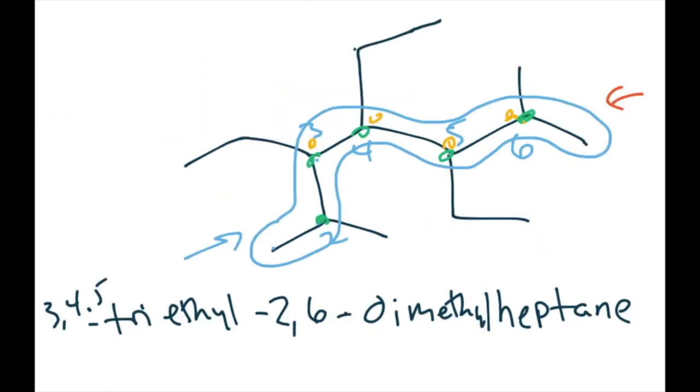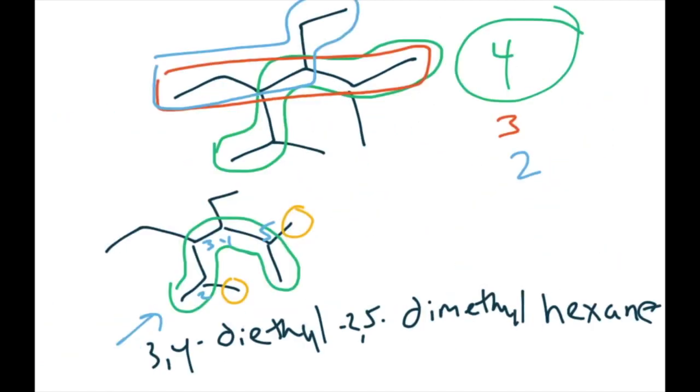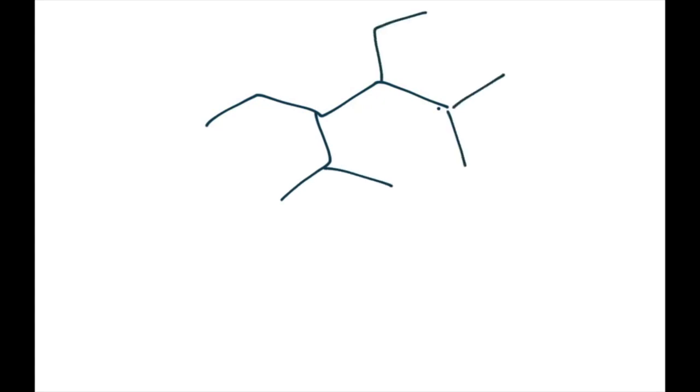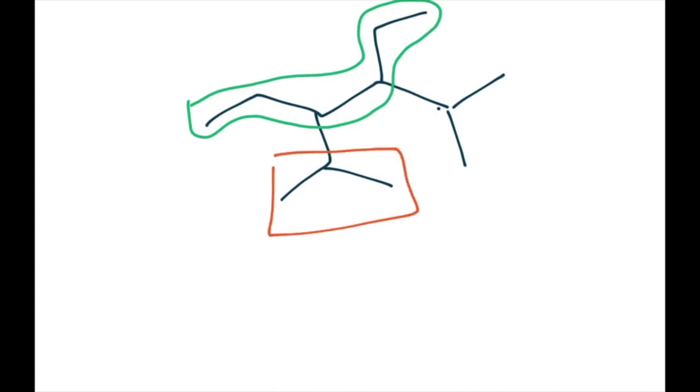So let's look at, I have a good one here. I'm going to redo this one right here, but I'm going to use isopropyl to name it. So I think it looks something like this. Right? So if I say this is my longest chain, that's a hexane again, right? But it doesn't have the most substituents. But what I'm getting to do now is say that this is a CH3 bonded to a CH bonded to a CH3.